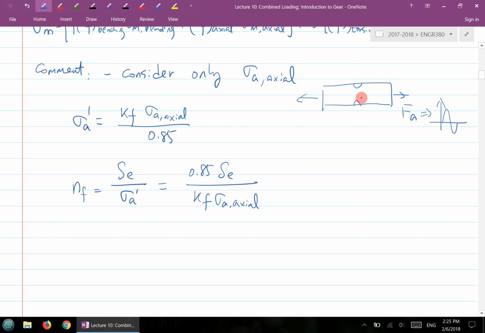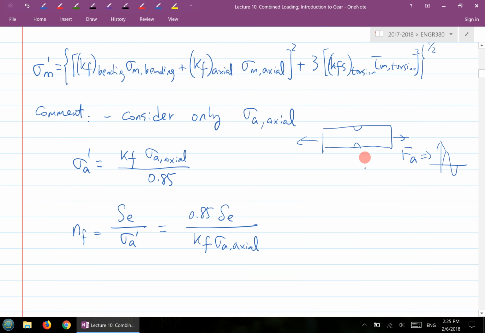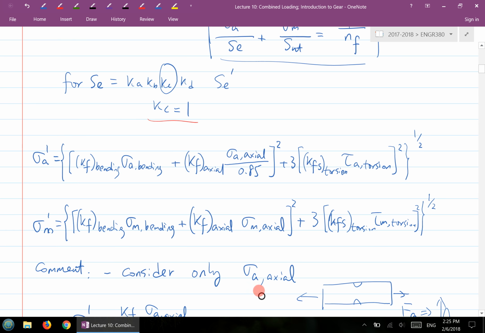Okay. Yeah. So now if you look at this final formula here, you see that 0.85 shows up in front of SE, right? So what did I just say for calculating SE? When we calculate SE, we use a Kc equal to 1, right?